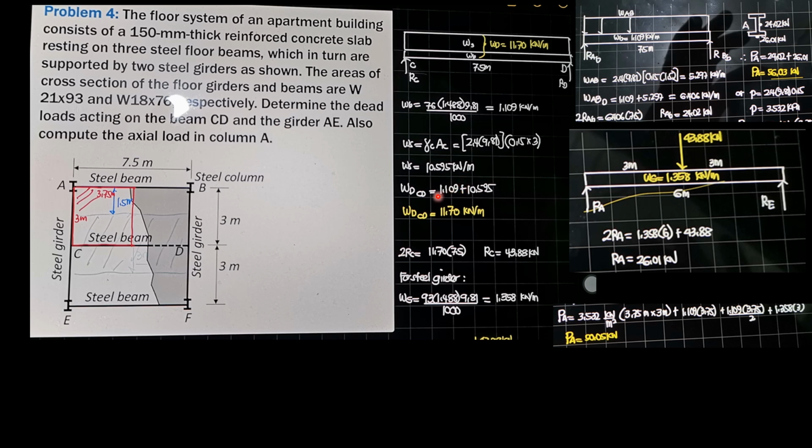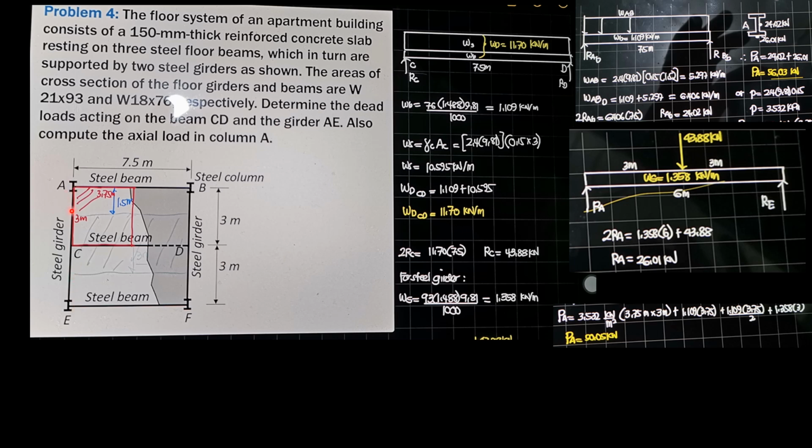The total dead load on steel beam CD is 1.109, the uniform weight of the beam, plus the uniform weight of the concrete slab, which is part of the dead load. So the total uniform dead load on CD is 11.7 kilonewtons per meter.